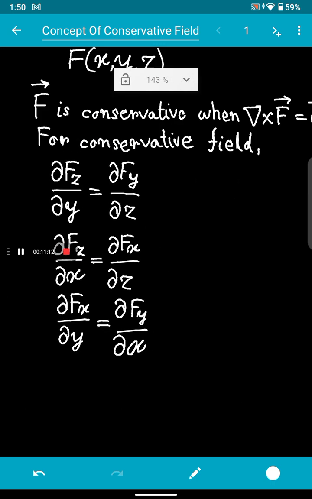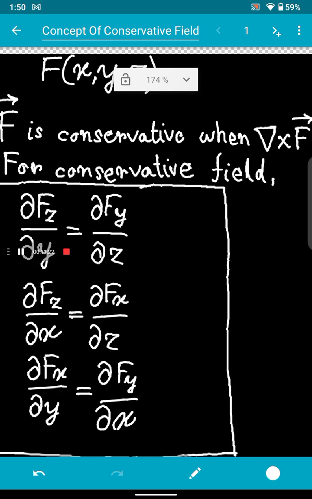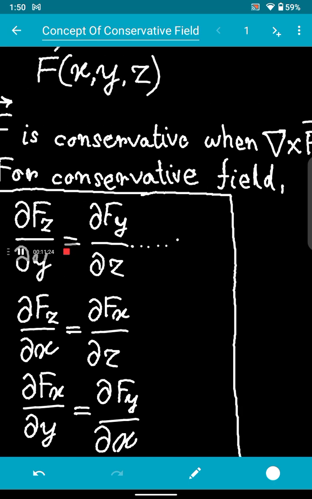So these three conditions must hold. Let me mark 1, 2, this is 3.